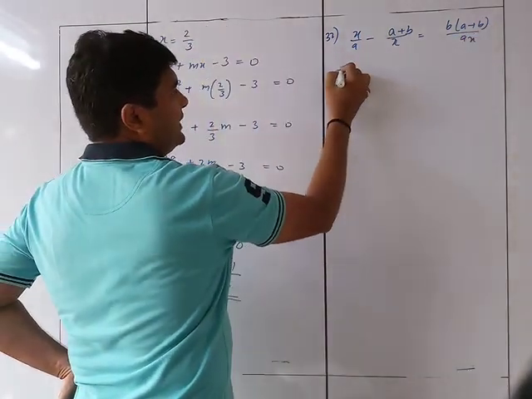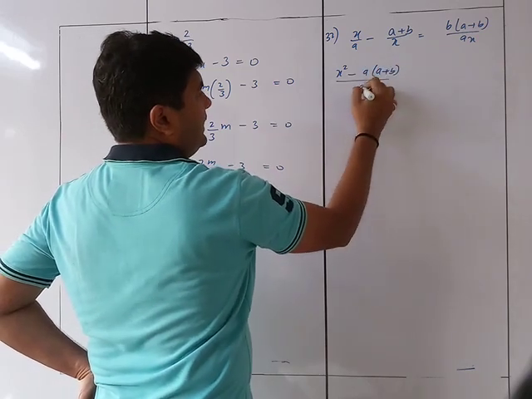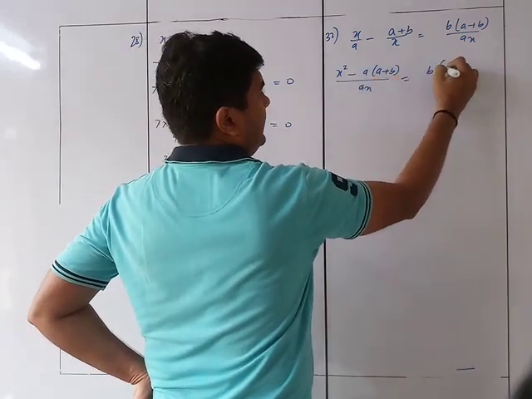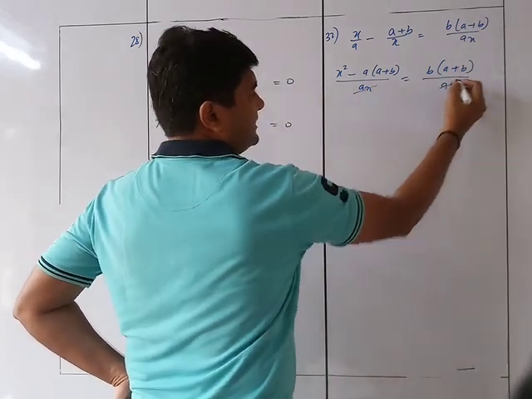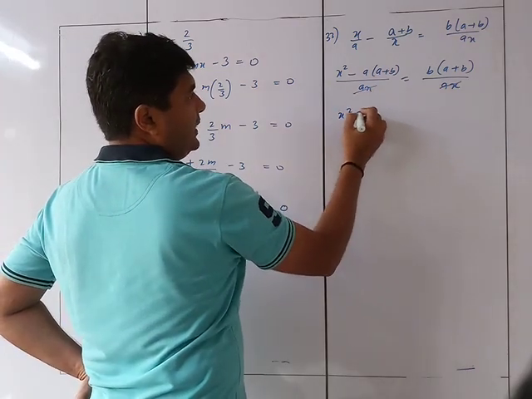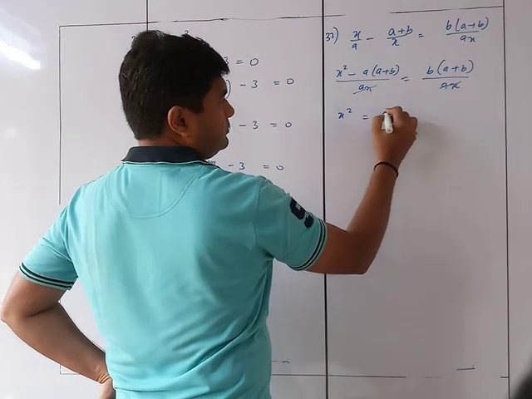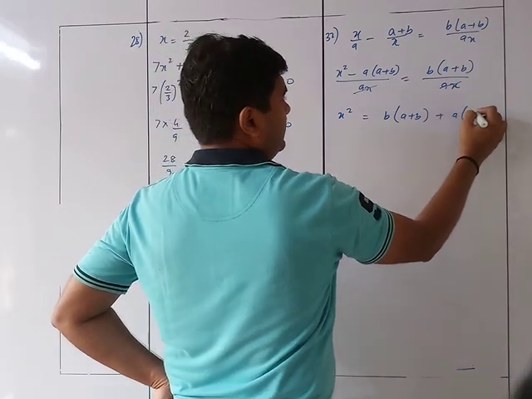Taking the LCM, you get x square minus a into (a plus b) upon ax is equal to b(a plus b) upon ax. Very simple, ax gets cancelled over here. So you get x square is equal to b(a plus b) plus a(a plus b).